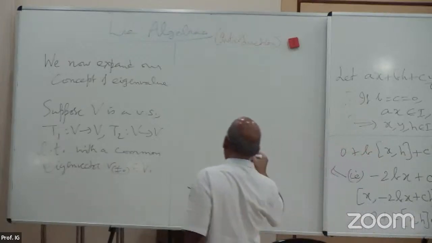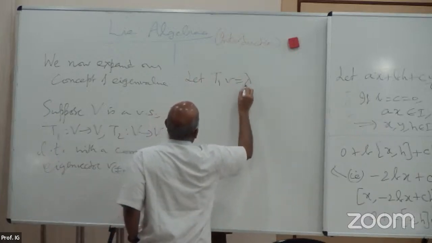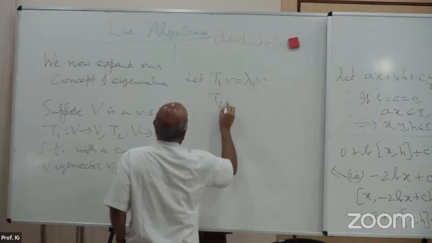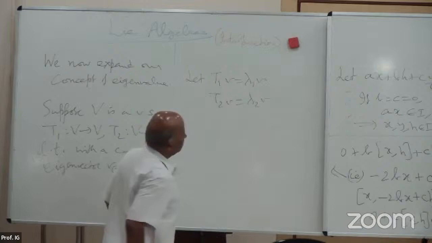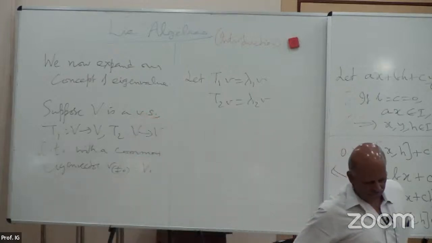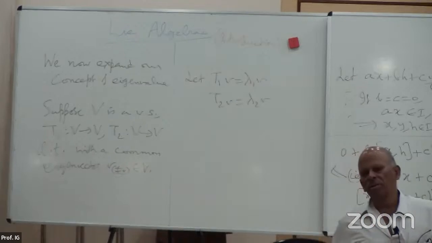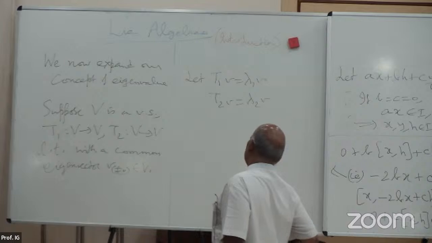So let us say T1 v is lambda 1 v, T2 v is lambda 2 v. We have a common eigenvector for both T1 and T2. What we are going to take is the subspace generated by T1 and T2.